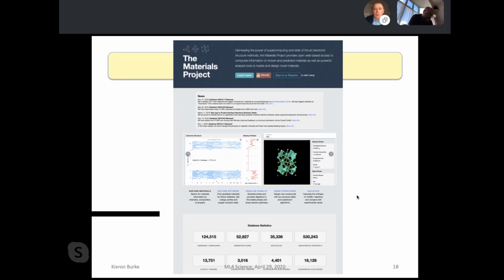A US version of this is called the Materials Project. I think originally the Materials Genome. This is out of Berkeley and Gerbrand Ceder and others. The slight difference here is that they are generating the data themselves, and they have very sophisticated tools for people to be able to access it.